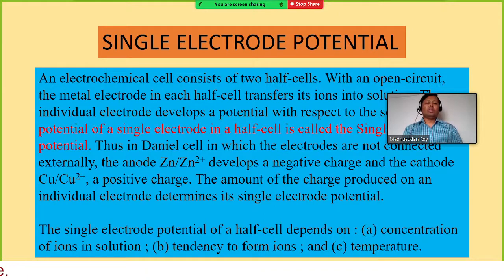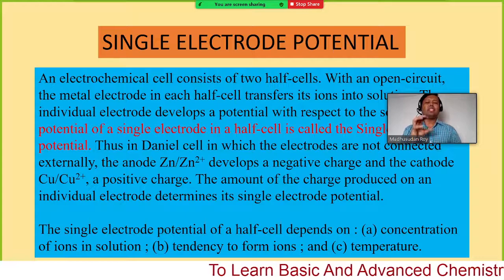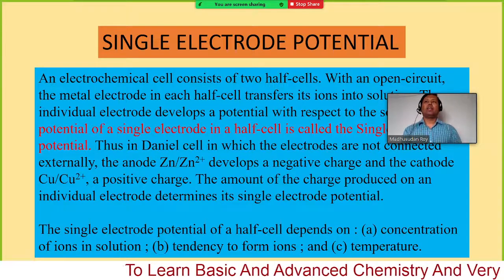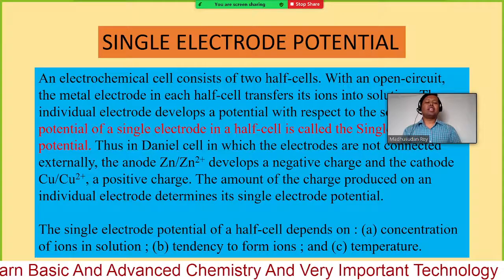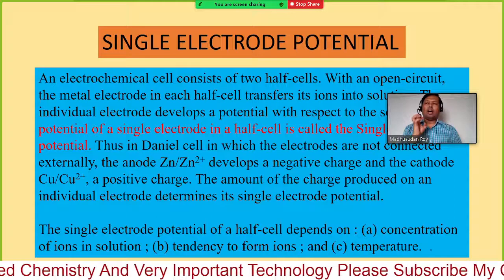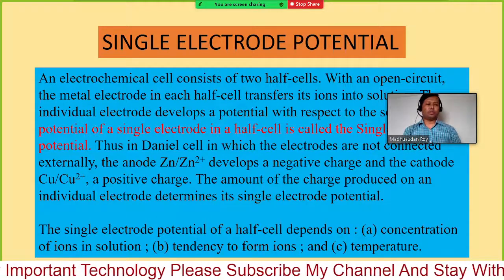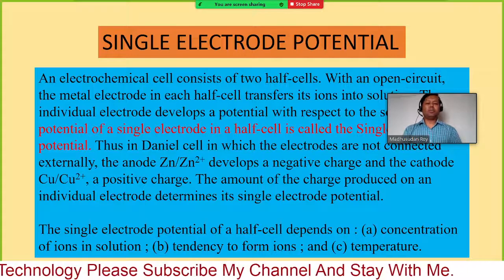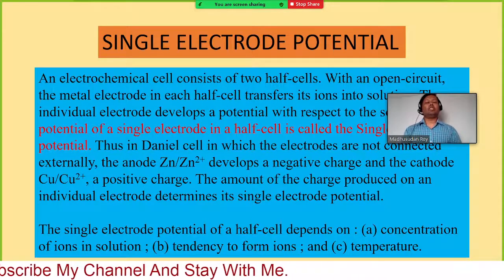Also, in the case of temperature, if you increase the temperature of the electrolyte, that is very similar to increasing the kinetic energy. Due to the increased temperature, the electrolyte will show a tendency to gain more ions. So if the temperature increases, the electrode potential will increase.